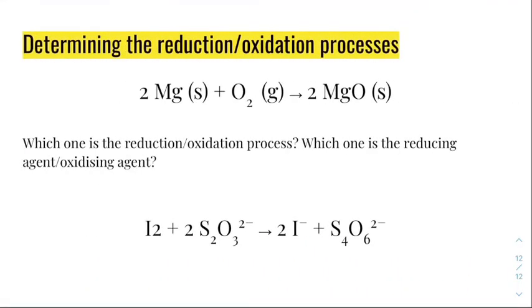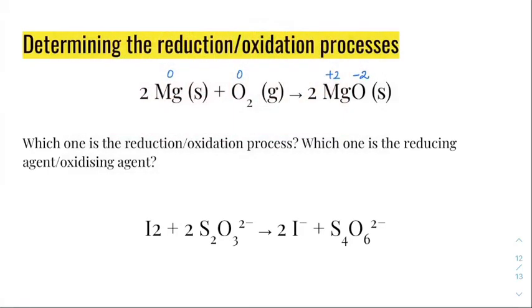Okay. What about this? Which one is the oxidation process? Magnesium, element, 0. Oxygen, it's also an element, it's also a 0. Magnesium oxide, magnesium +2, oxygen -2.